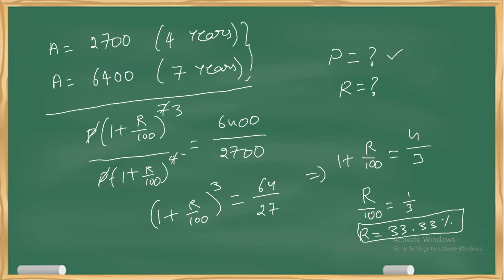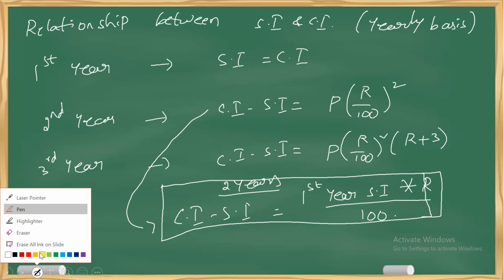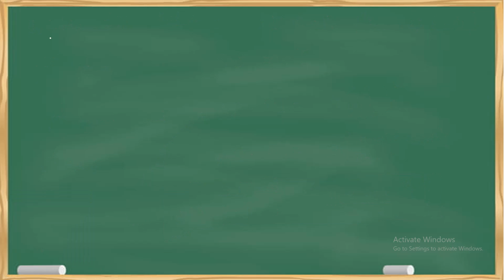The last one here I just want to explain is the doubling or tripling or something like that. So the amount will be 3 times the principal amount in 7 years.